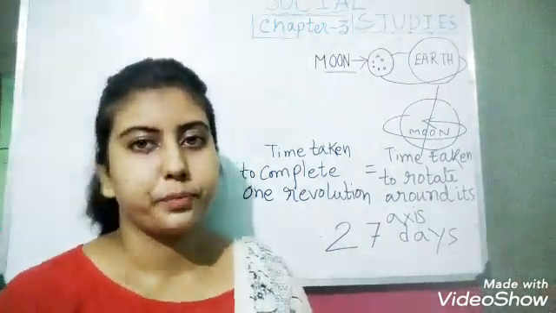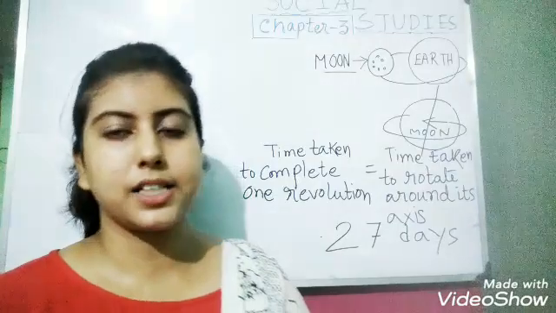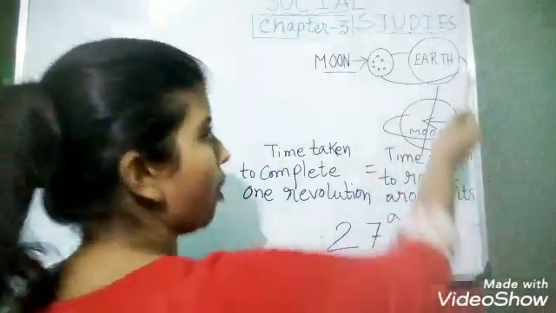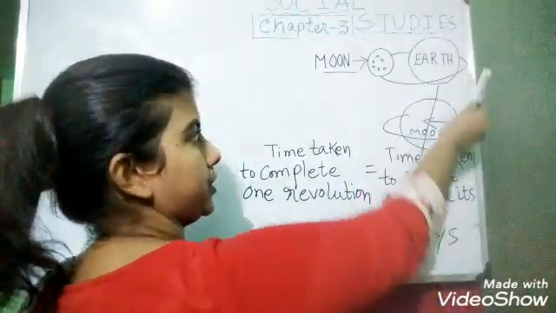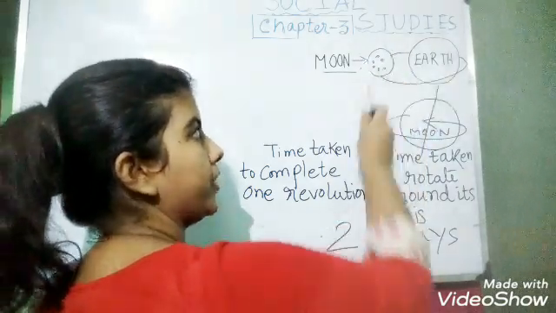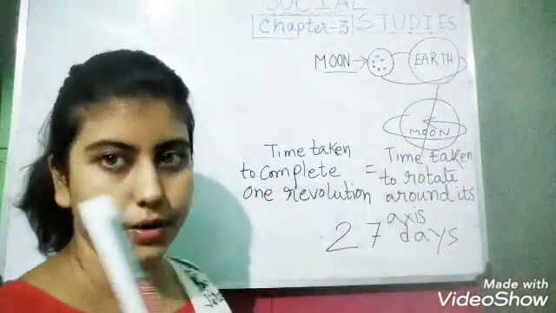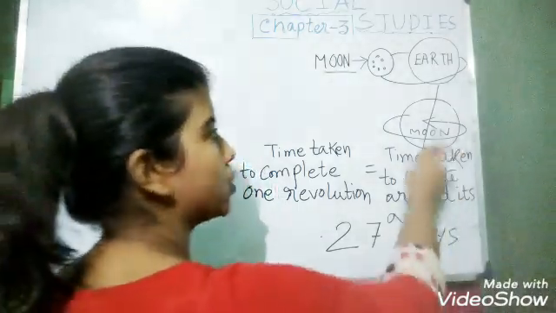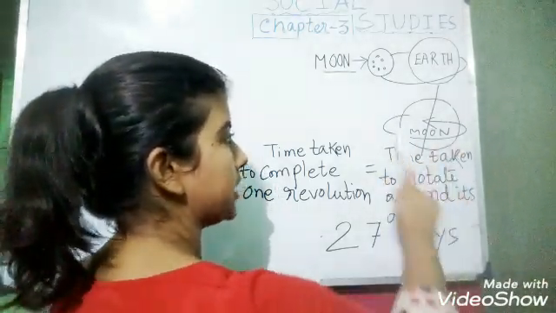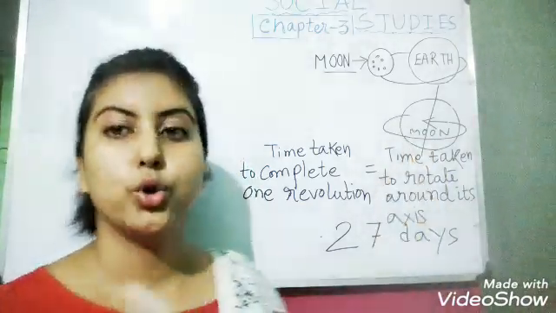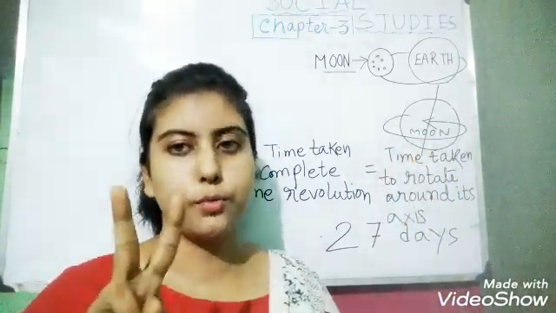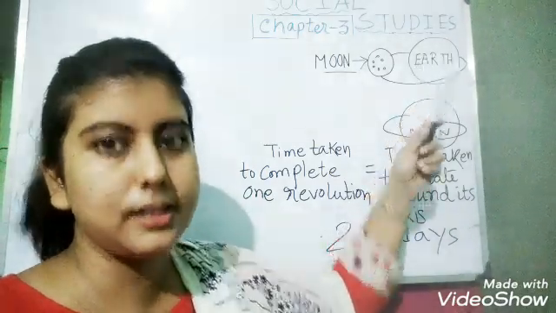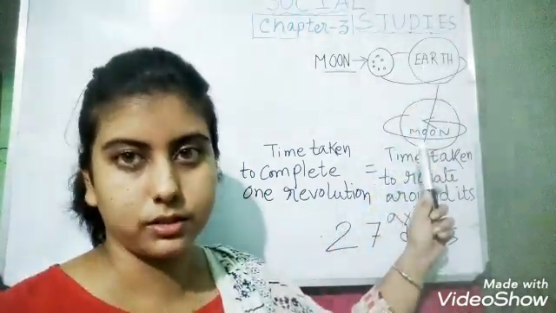Now children, I have already told you that the moon revolves around the earth. At the same time, the moon also rotates around its axis. So there are two movements, the revolution and the rotation.